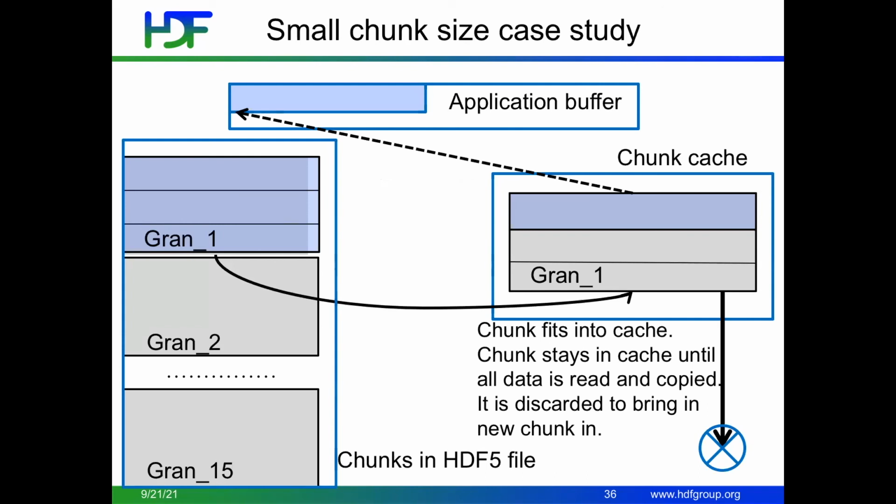And this is an illustration: it just fits, and whether you read by row or by column, there is still much less I/O going on, because I/O is done on the whole chunk, all the data is in that chunk, and the application can pull the necessary data from there.